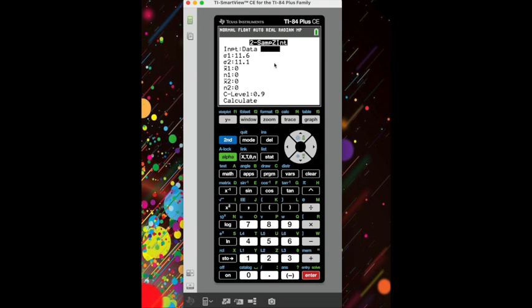This isn't from data that we're entering into a list, so I'm going to use the stat option. I'm going to put in my population standard deviation for each one. The first population standard deviation is 1.9. The second one is 2.3.